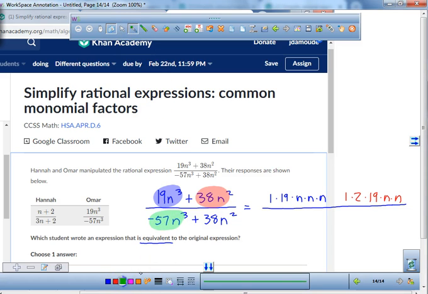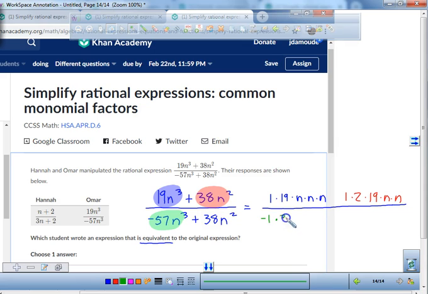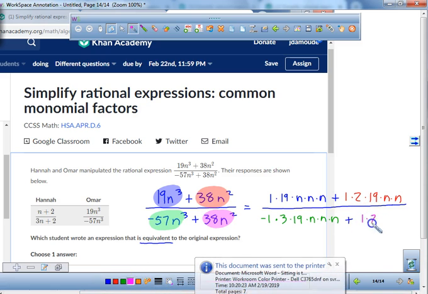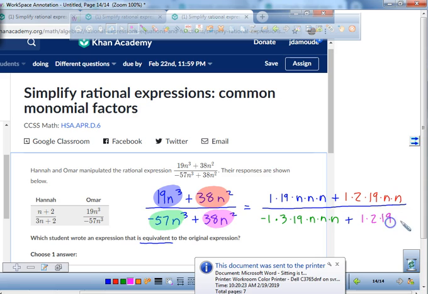We're going to break that down: negative 1 times 3 times 19 times n times n times n. Put a little plus sign here. And last but not least, we have 38n squared, which is 1 times 2 times 19 times n times n.